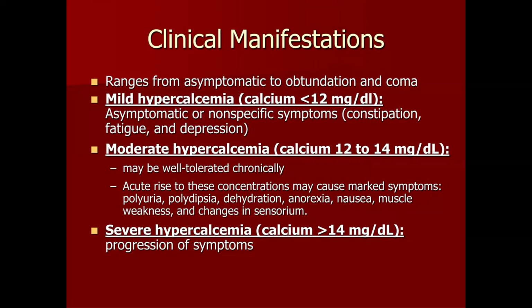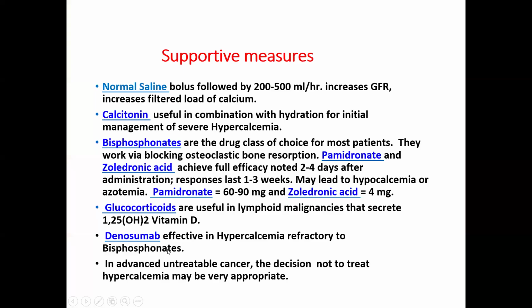So 12 divided by 4 will be 3 millimole per liter. But anyway, mild hypercalcemia is really a little bit of constipation and fatigue. Moderate hypercalcemia has more effects like anorexia, nausea, muscle weakness, and delirium, hypoactive delirium. And severe hypercalcemia has more progression of symptoms.